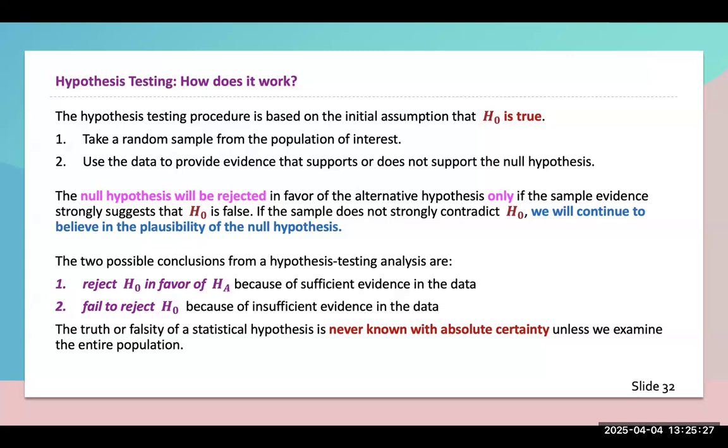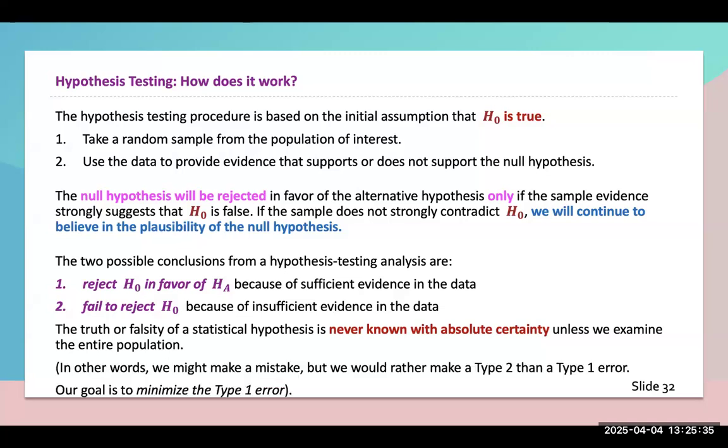Now, the truth or falsity of a statistical hypothesis is never known with absolute certainty unless we can examine the entire population. In other words, we might make a mistake, but the way that we design a hypothesis test is we would rather make a type 2 mistake than a type 1 mistake. And our goal is to minimize the type 1 error.